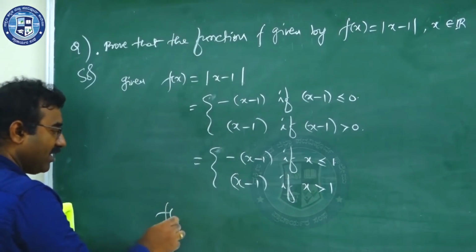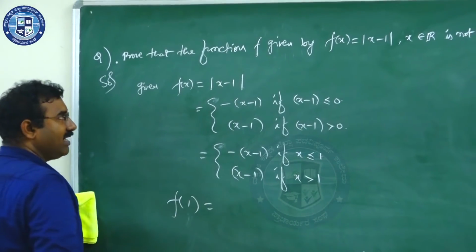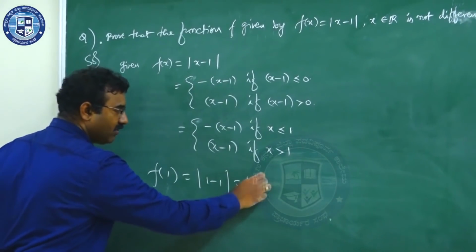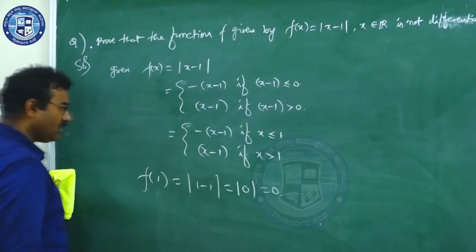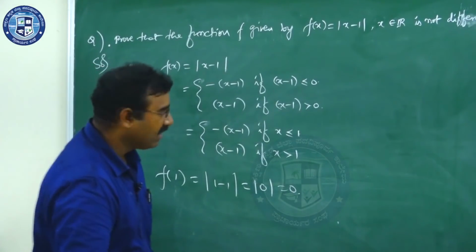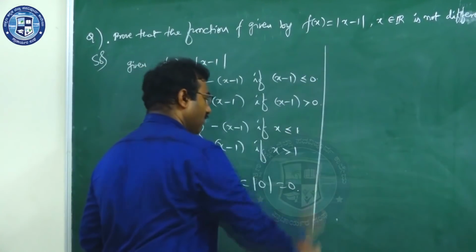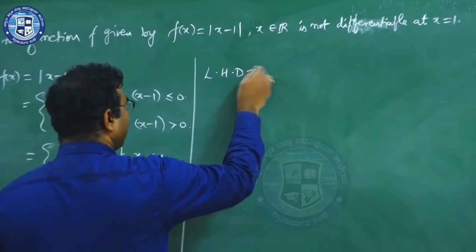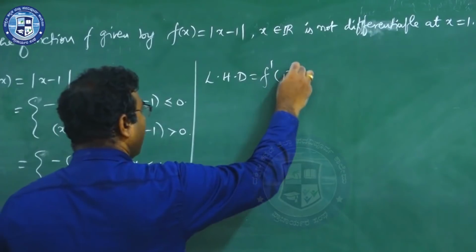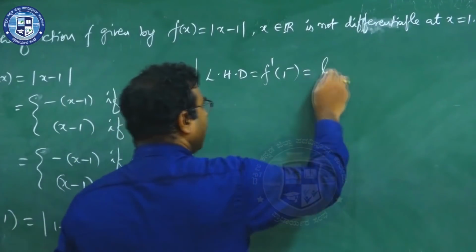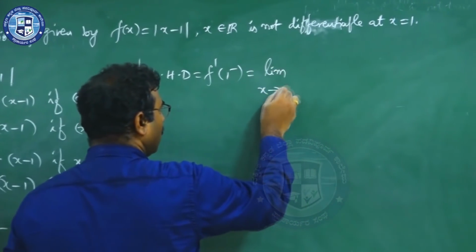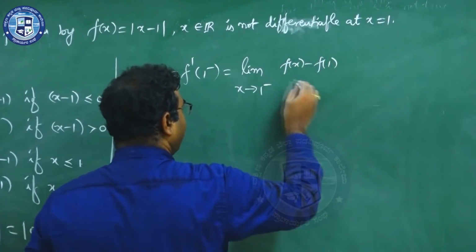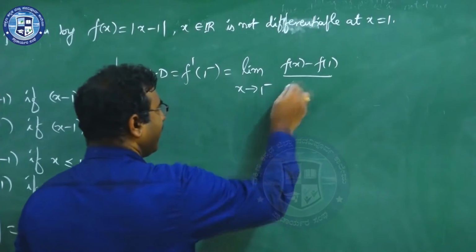Now, we work out the derivative at x equal to 1. Before that, we take the f of 1 value. What is f of 1? Mod 1 minus 1, so mod 0, you are getting 0. Now, we start work on the left hand derivative. So, LHD, f dash of 1 minus, is limit x tends to 1 minus of (f(x) minus f(a)) divided by (x minus a).